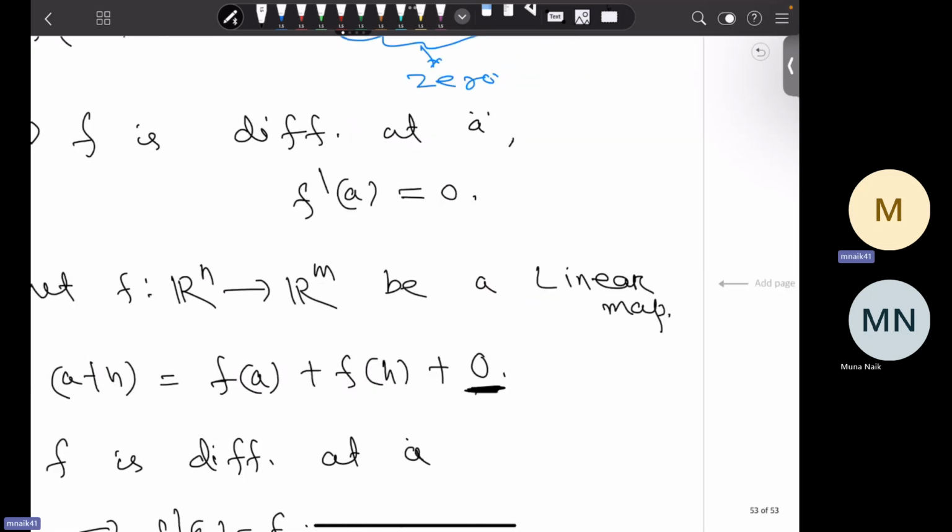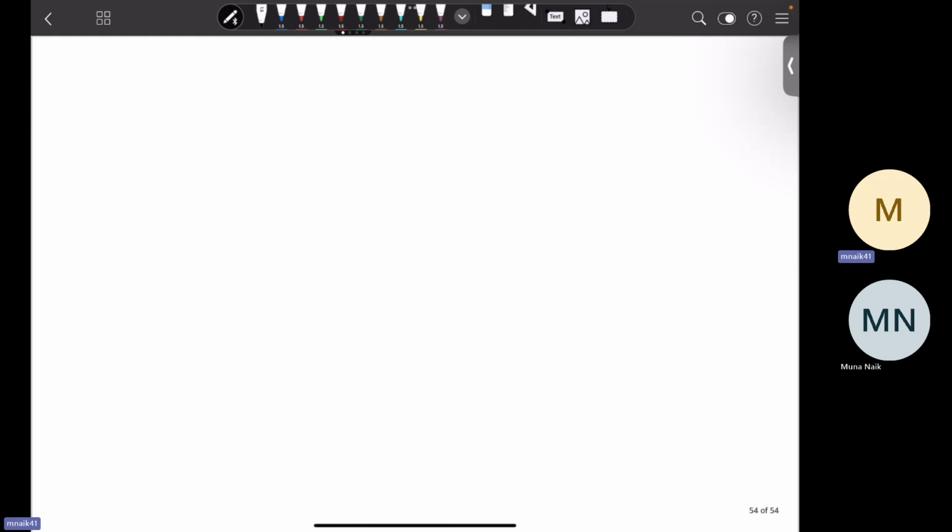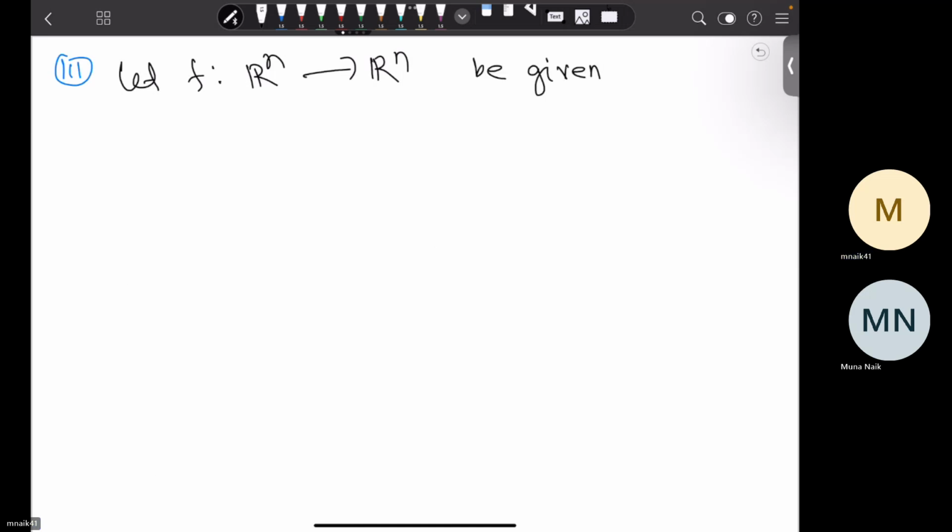Now example 3. Let f from R^n to R^n be given by f(x) equal to x. This is the identity, so you can guess that the derivative is the identity linear operator.